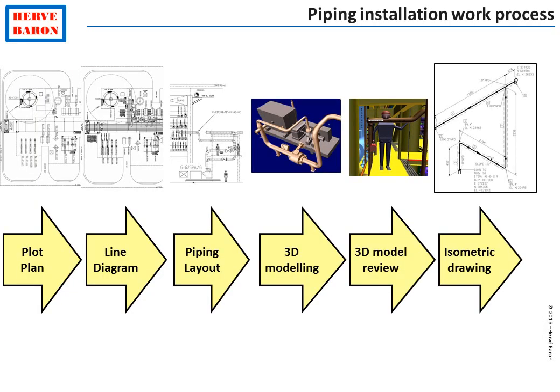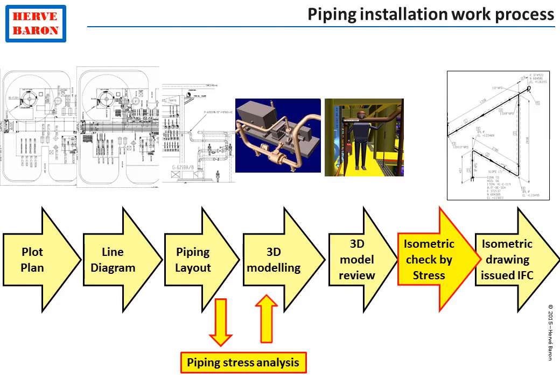Now that we have seen the work of the piping stress and support engineer, let's see how it integrates with the piping installation work sequence. First of all, once the piping layout has been done and a proposed routing has been chosen for a line, it is checked by the piping stress analysis.